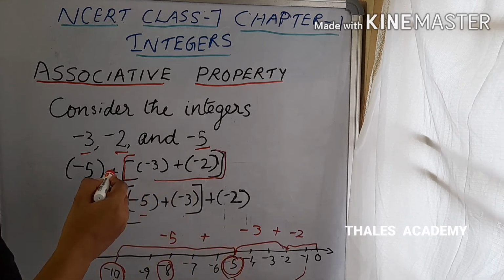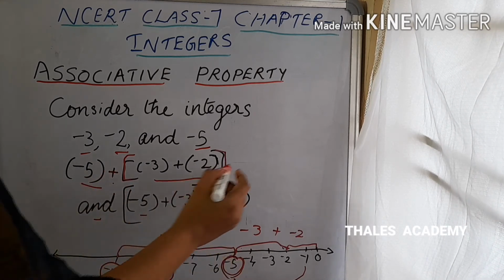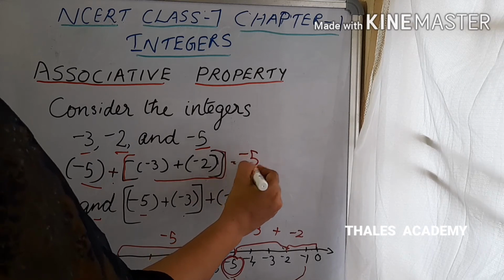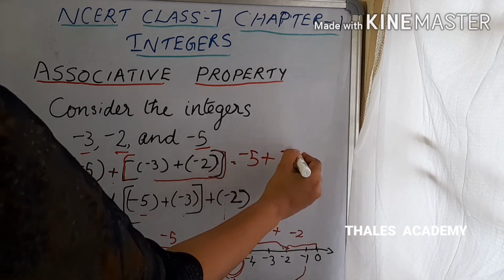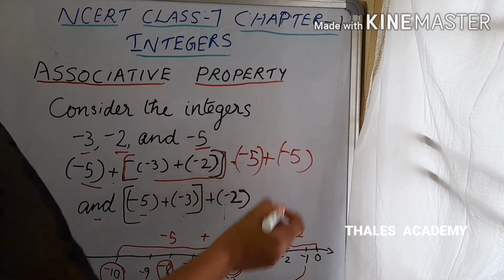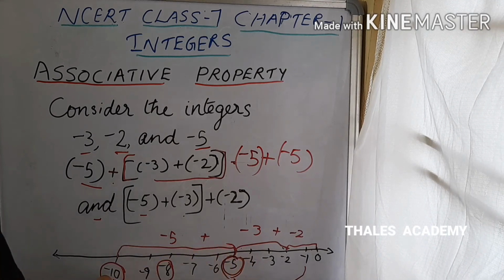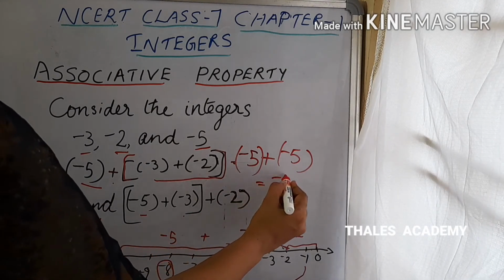Then we add minus 5 plus minus 5. Then we get the answer minus 10.